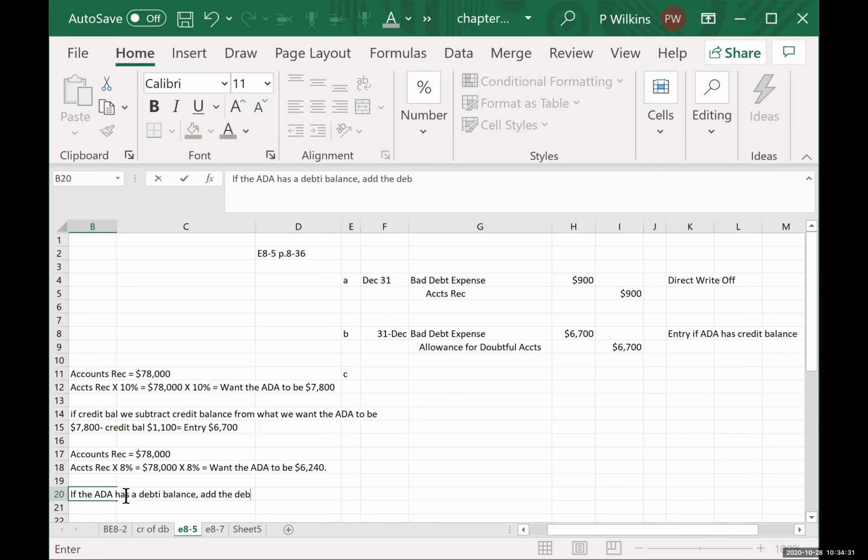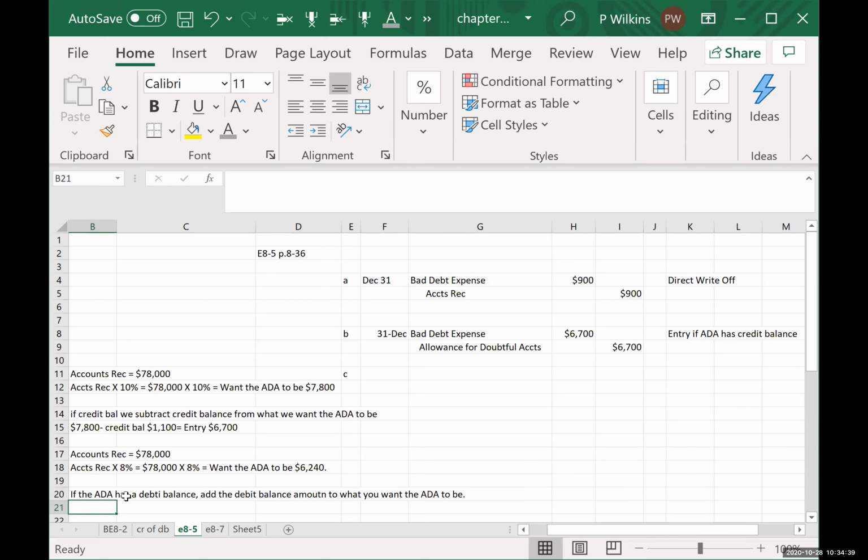add the debit balance amount to what you want the ADA to be, right? So we have 6240 is what we want it to be, plus the account has a debit balance of $500 in it.